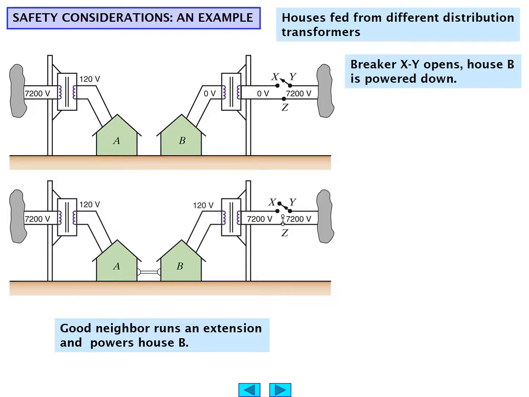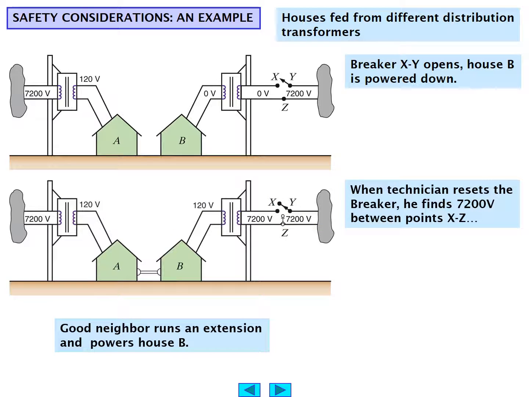This is not very good practice at all, because that second transformer now on the pole has excitation, and when a power company worker or technician works on that pole, instead of finding 0 volts, he will now find 7,200 volts. He didn't expect to find any, and if he was probing around thinking that it was a circuit with a problem, he would actually find it has 7,200 volts. So this is not good safety practice.